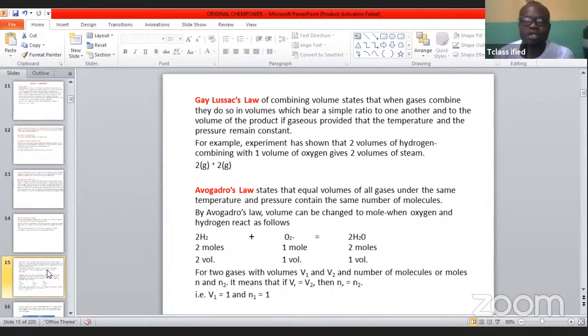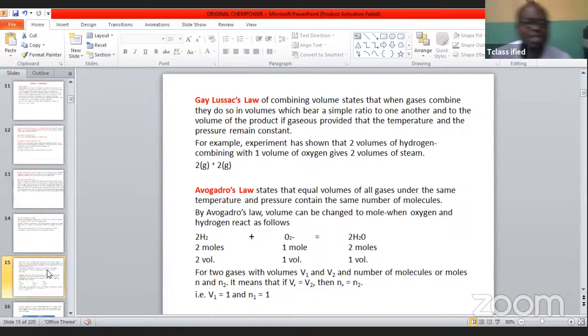It's not possible. So the volume produced or the mole produced is just similar to what is being combined. So that's the essence of this law. Gay-Lussac's law of combining volumes states that when gases combine, they have to bear a simple ratio to one another and to that of the volume of the product if gaseous, provided that the temperature and pressure remain constant.